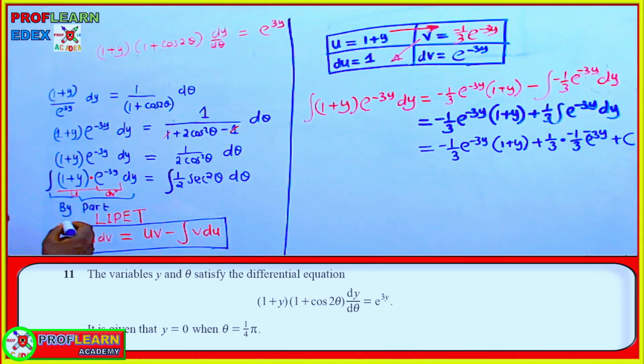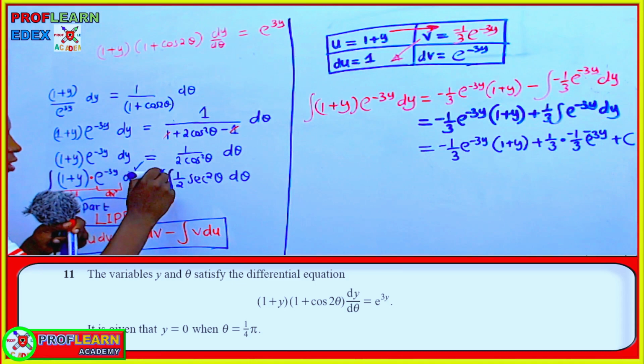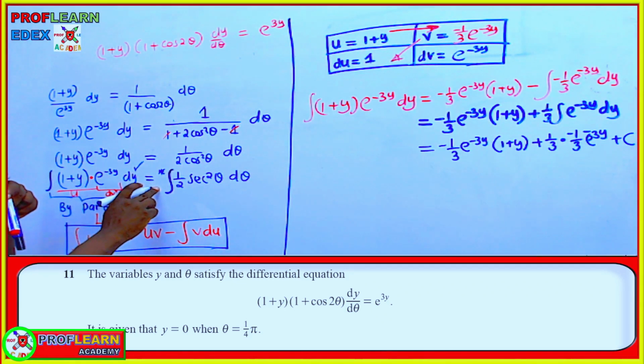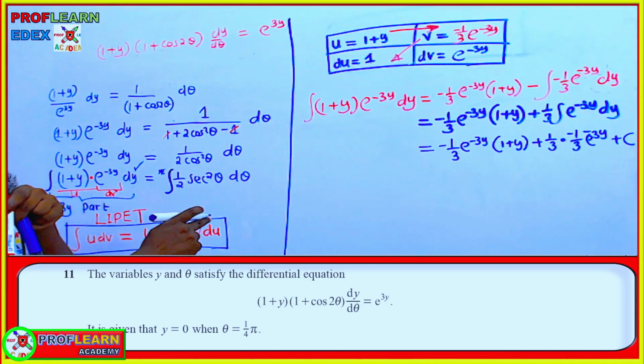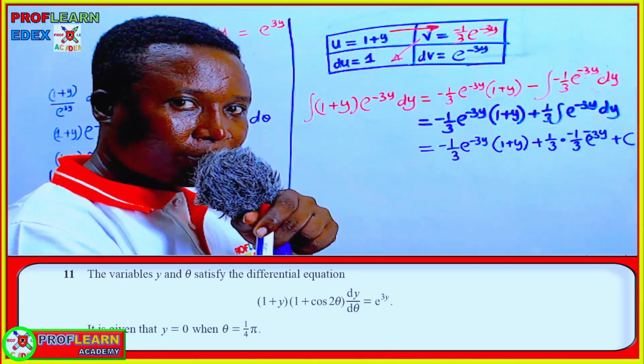So we already now have this integral at this particular point. We need now to work out this integration. This one is quite straightforward because we're going to factor out a half, and the integral of sec square theta is equivalent to tan theta.